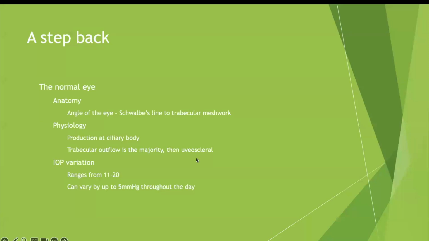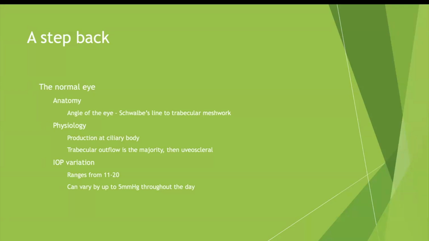So if you just take a step back, in the normal eye, you've got the angle, which is Schwalbe's line at the front all the way back to the trabecular meshwork. Now, this is probably one of the most interesting bits of the eye to a glaucoma surgeon. This is where a lot of the problems are, especially in closed angles or secondary glaucomas.